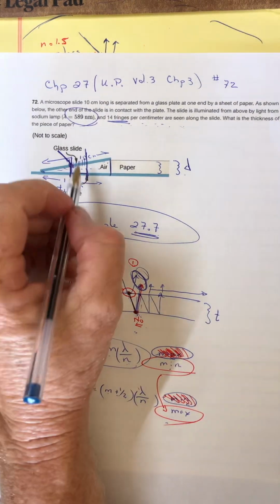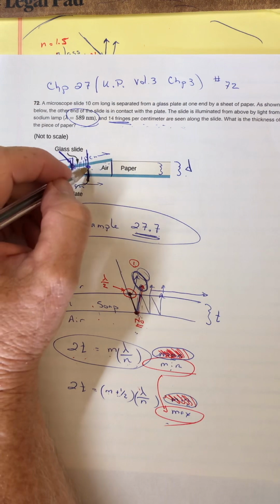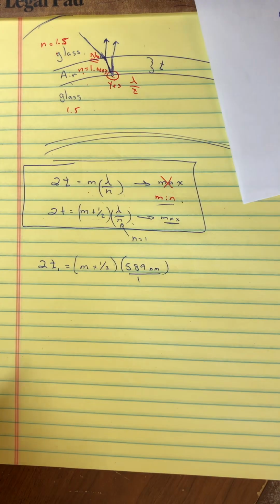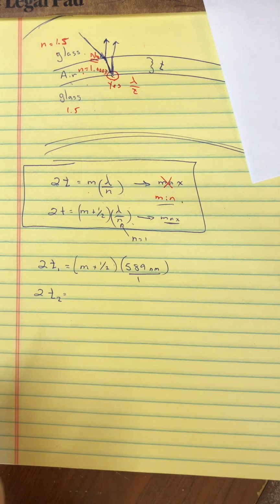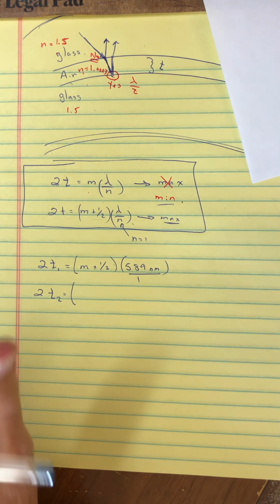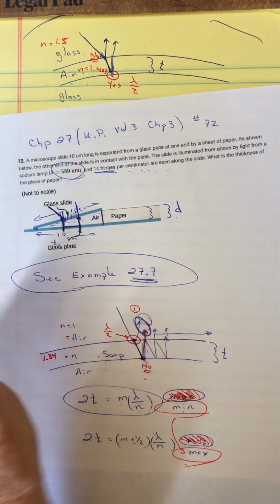Now, if I were to apply that same equation over here, I would have 2 times a different thickness, T2, and it would be a different integer. However, here's the key. There's 14 of them.